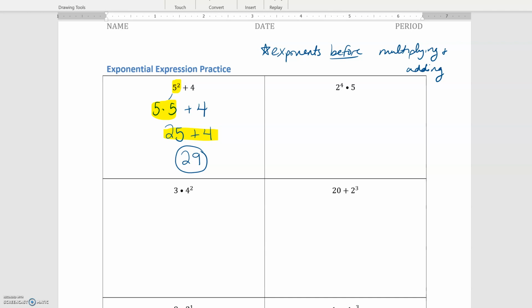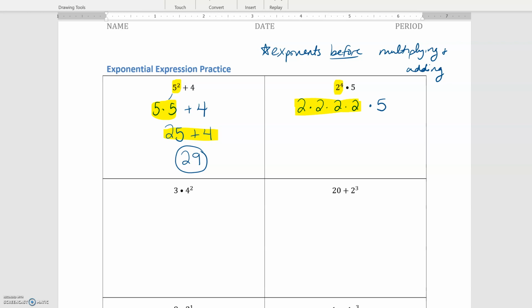Let's try that for the problem on the right. So again, I see 2 to the 4th power times 5. I have to evaluate the exponent first, and I'm going to do that by writing it out as multiplication. 2 to the 4th power is 2 times 2 times 2 times 2. And then I still have the times 5 on this side. I'm going to evaluate this 2 to the 4th power first with some mental math.